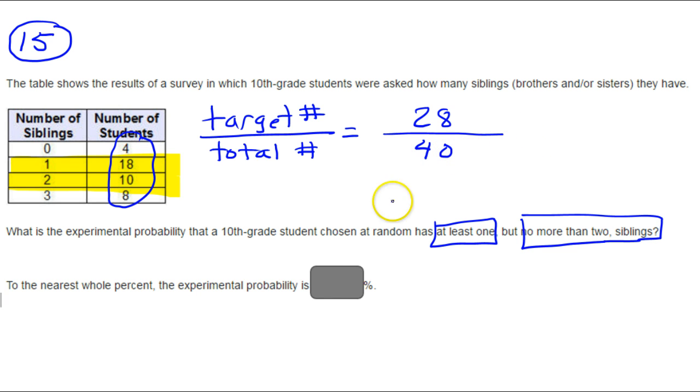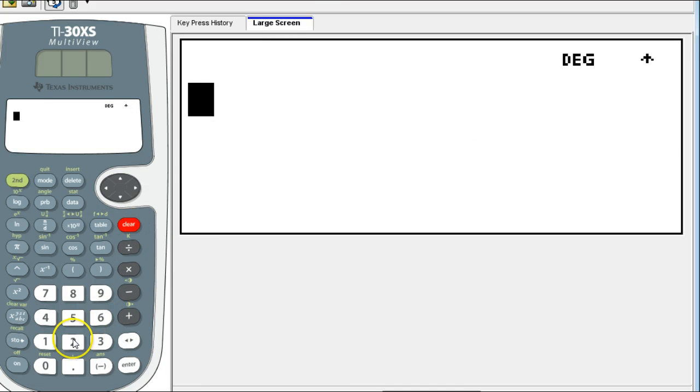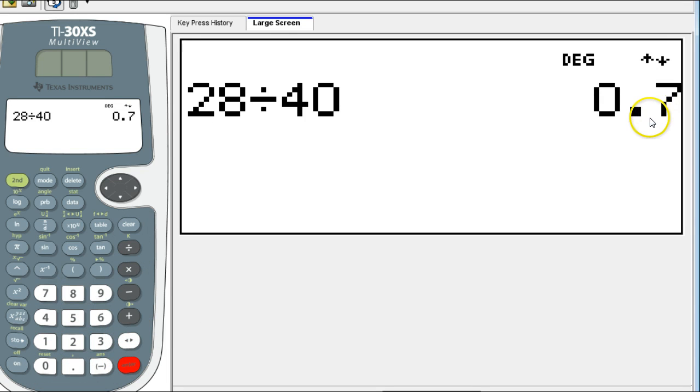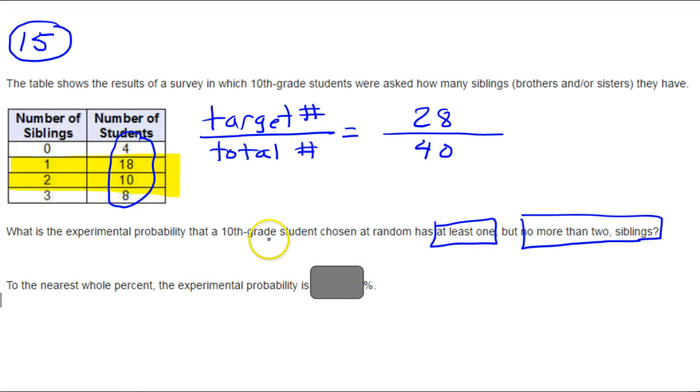Okay, so they want this as a percent to the nearest whole number, so we would divide this out. So 28 divided by 40. Okay, that's 0.7. If you move that decimal twice, that's going to be 70%. All right, same thing if you multiply by 100. Okay, so 70%.